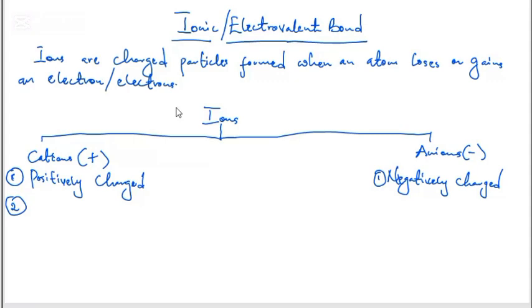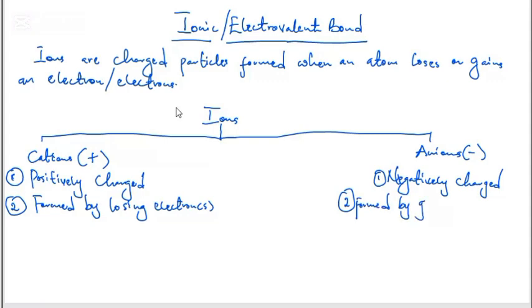So cations are formed by losing electrons, while anions are formed by gaining electrons. What else can we say about them?